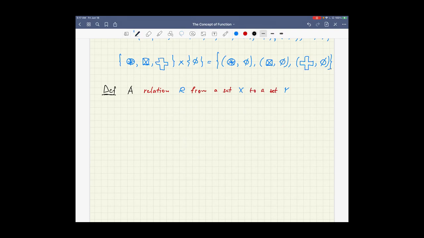A relation is simply a subset of the Cartesian product X to Y. So it simply is a set of ordered pairs.